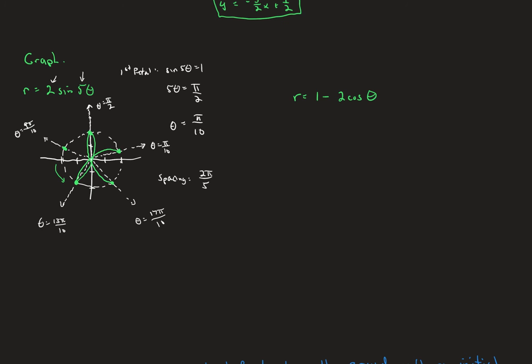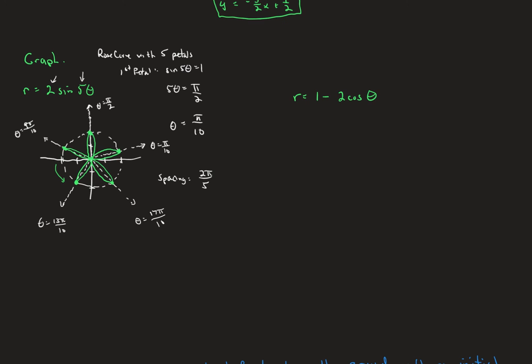That kind of makes you draw the petals a little more narrow than if you do some other way. And so there we go. Oh, beautiful. So this is a rose curve with 5 petals.